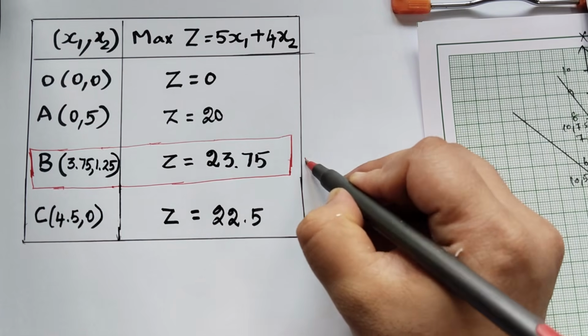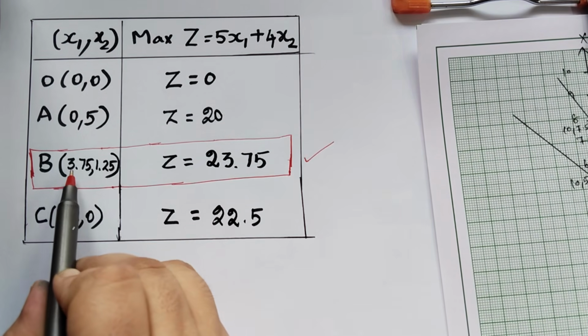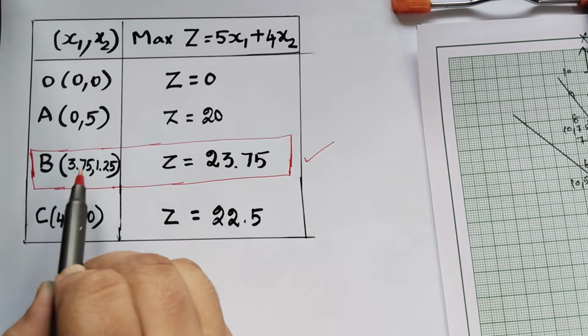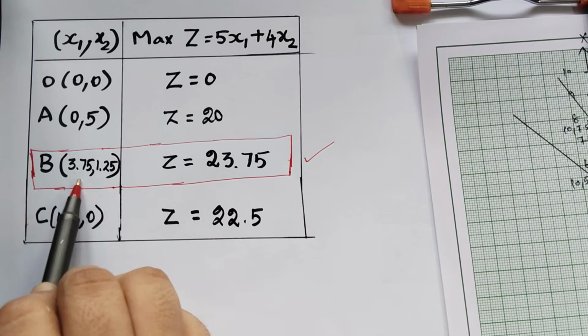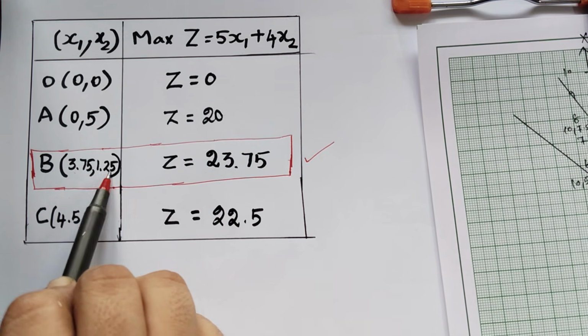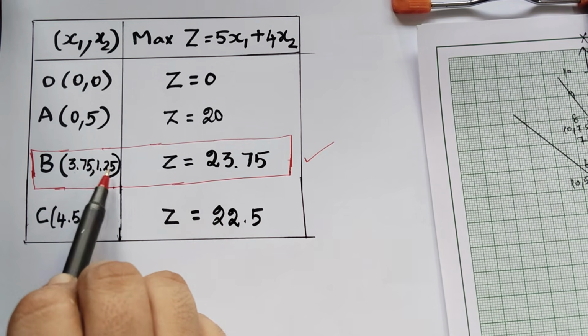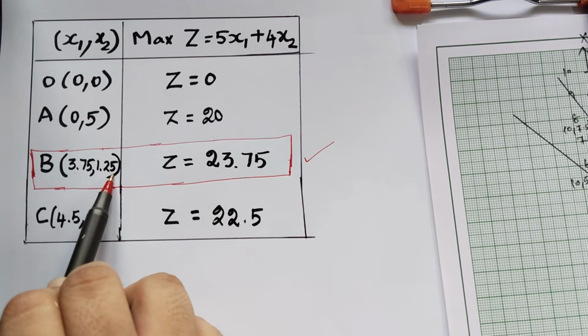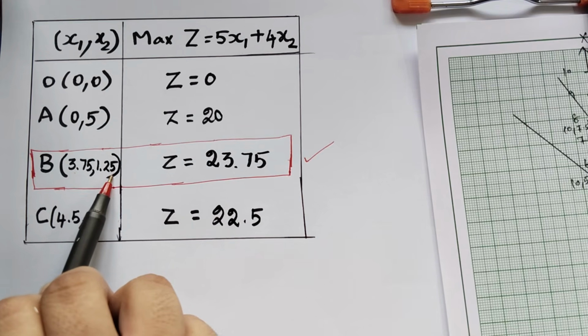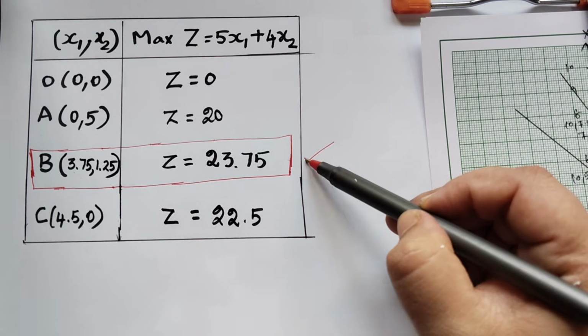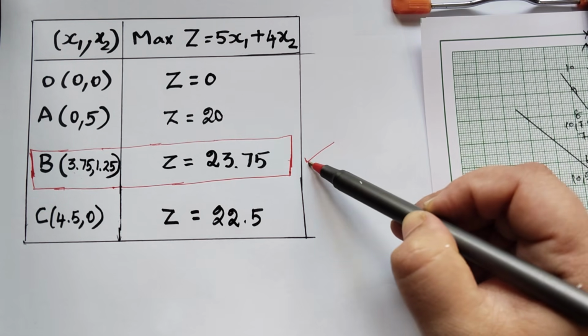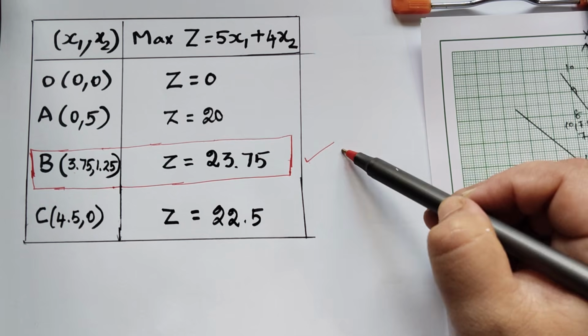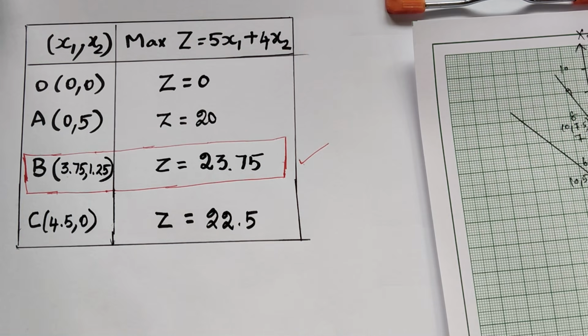But if you see, the solution space is not an integer, they are in decimal. Since we are solving an integer linear programming problem, the solution space should be integers, that is x1 and x2 should be integers, whereas here we have decimal values. And so we have to proceed with this problem further by using the branch and bound method until we get the solution space as integers.